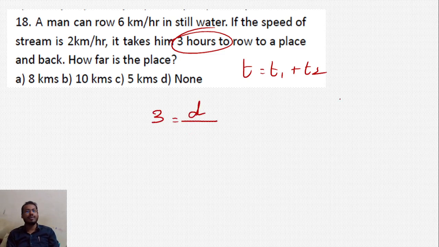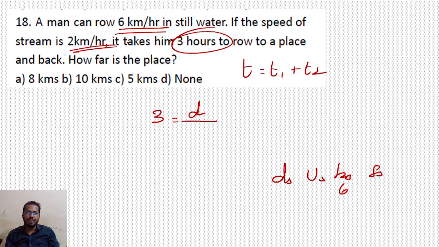Distance by speed is given. See, downstream speed, upstream speed, boat speed, stream speed. 6 kilometer per hour in still water and 2 kilometers per hour for the stream. So 6 plus 2 is 8, 6 minus 2 is 4. So one speed is 8 and another is 4, giving d by 8 plus d by 4.